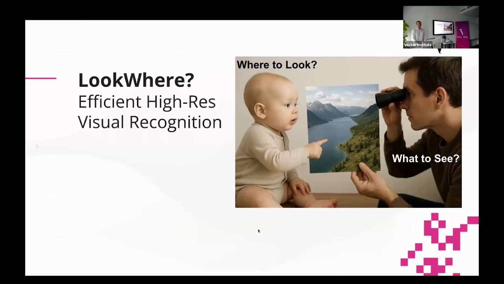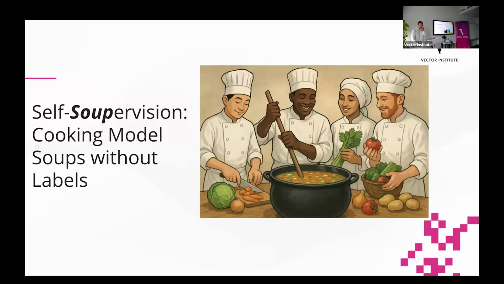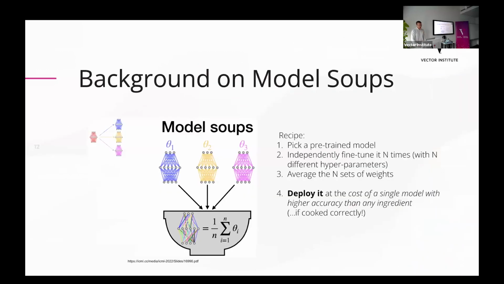For LookWhere, I think it makes high resolution computer vision more accessible. And then for self-souping, let's see here. A lot of applications don't have labels, and so if you want to make a soup, then you should turn to self-souping. Okay, thank you.